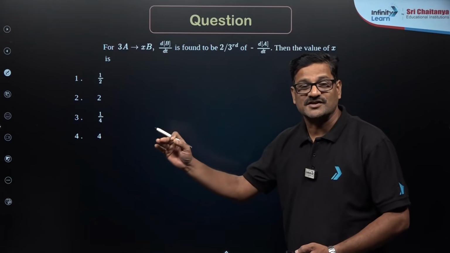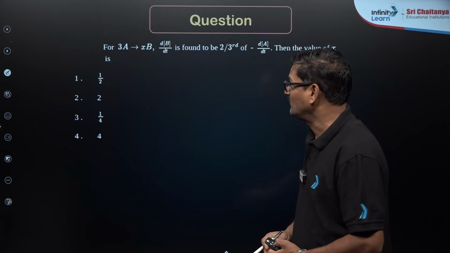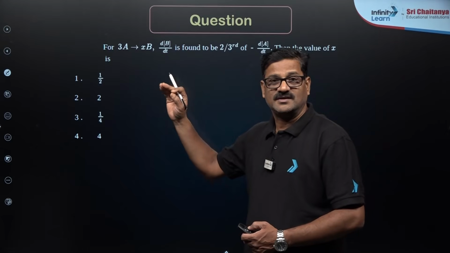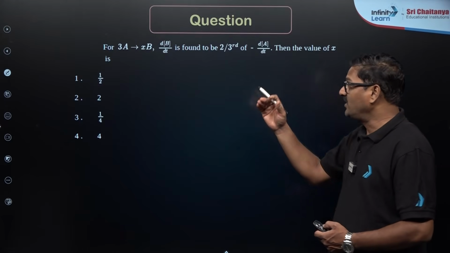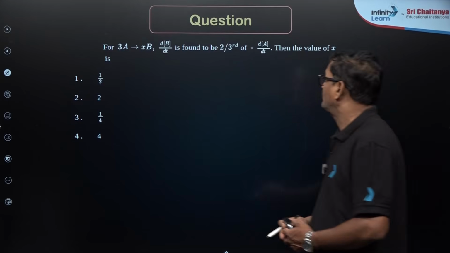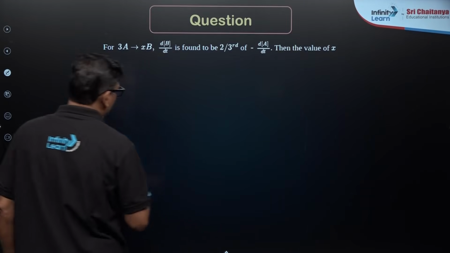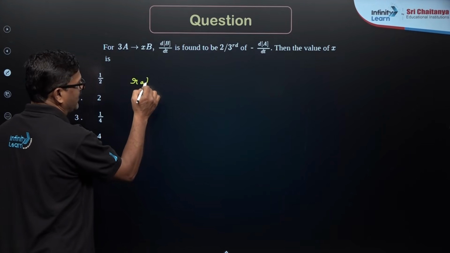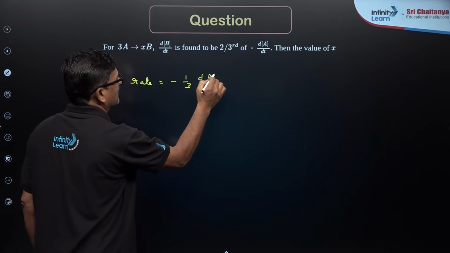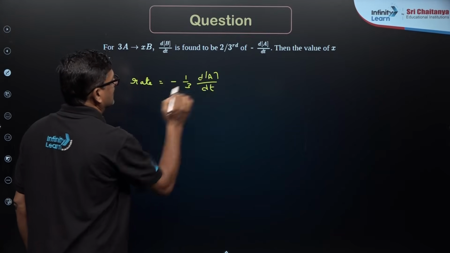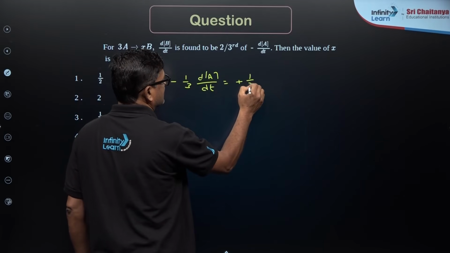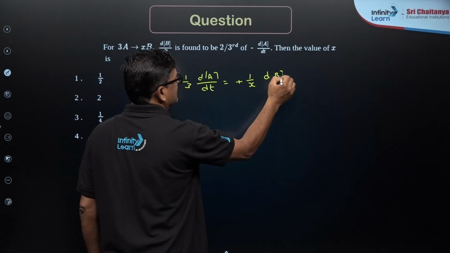Students, this question is asking about the rate of a reaction. For a reaction 3A gives xB, dB by dt is found to be 2/3 of dA by dt. Then the value of x is going to be? So you can write here rate is equal to minus 1/3 dA by dt is equal to plus 1 by x dB by dt.